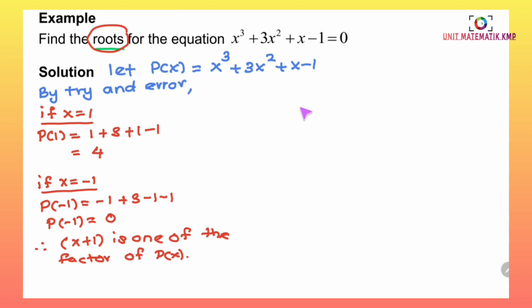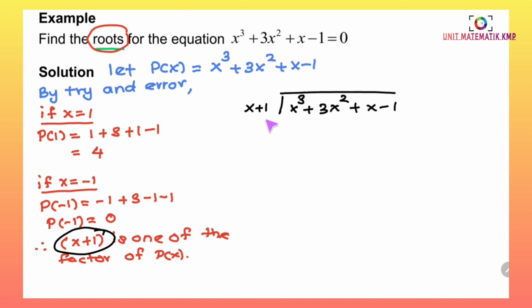So here we have x power 3 plus 3x square plus x minus 1, and we want to divide by x plus 1.